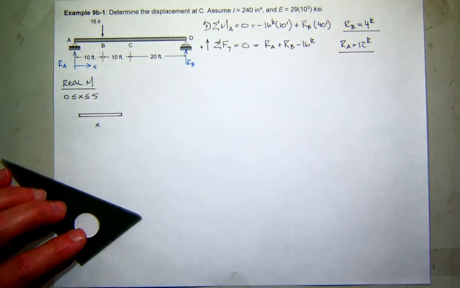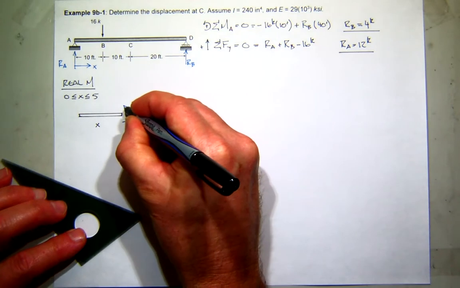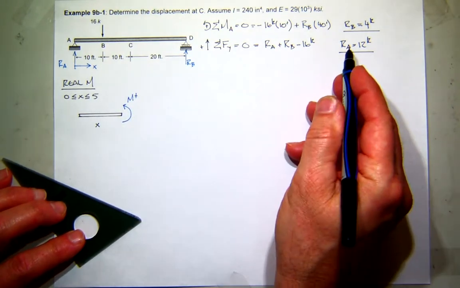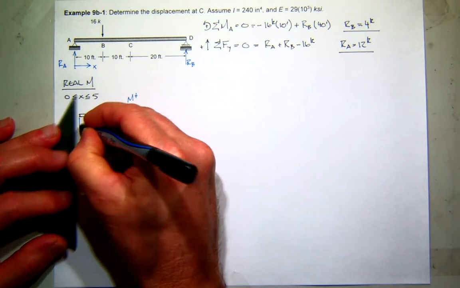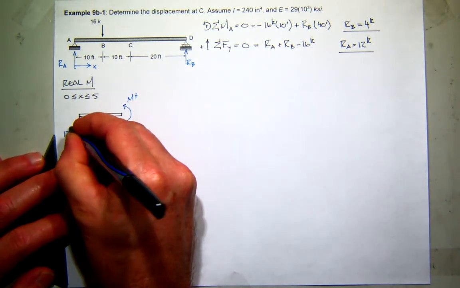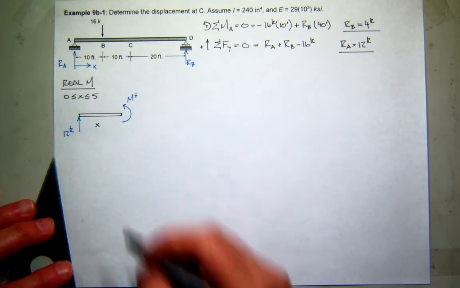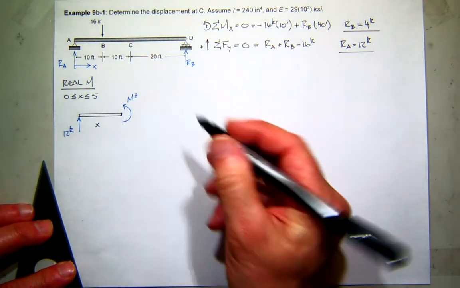And right now all I'm interested in is the moment, so I'll assume positive moment. And of course I've got my reaction at A, which was up and equal to 12 kips. So that's not too hard.